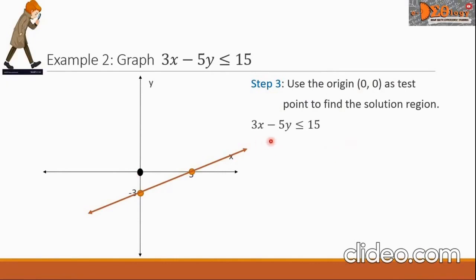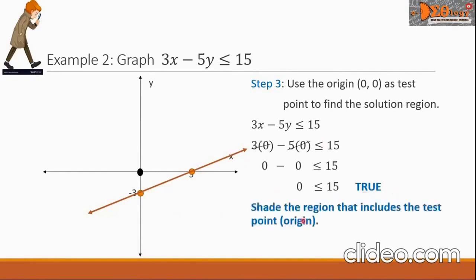So 3x minus 5y is less than or equal to 15 now becomes 3 times 0 minus 5 times 0 is less than or equal to 15. 3 times 0 is simply cancelled out, also the 5 times 0, and this is 0 minus 0, which is 0 is less than or equal to 15. And this is a true statement.